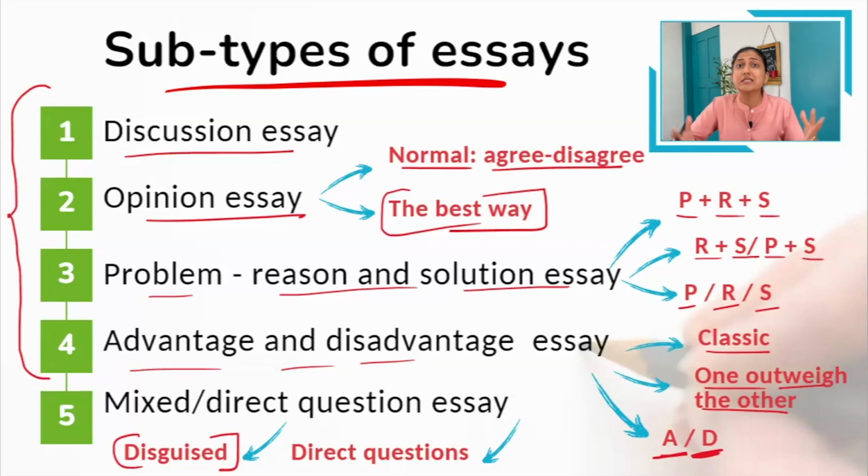So which is a disguised form of problem, reasons and solutions. Okay, one is a disguised format. Okay, another subtype of mixed essay would be direct questions. So direct questions can be asked. What are the other measures that can be taken to reduce pollution problems, you see, direct question. All right.